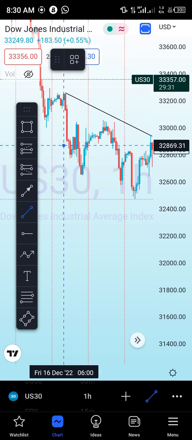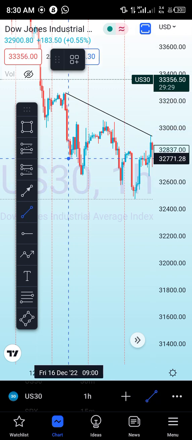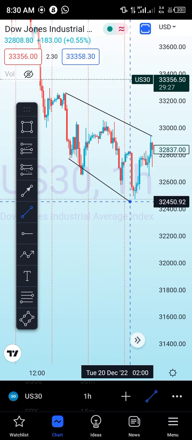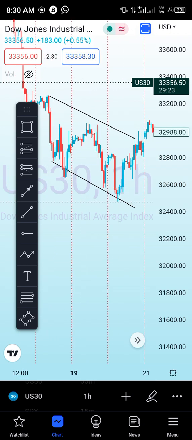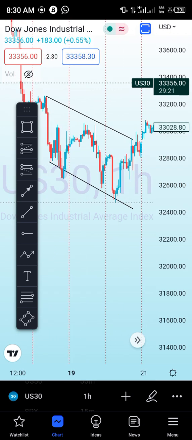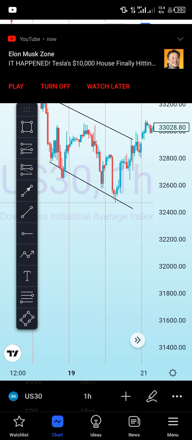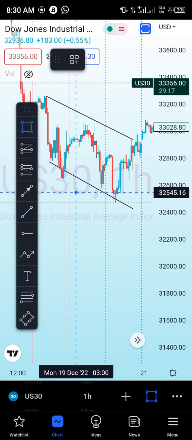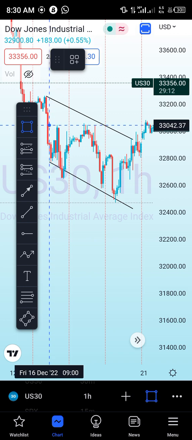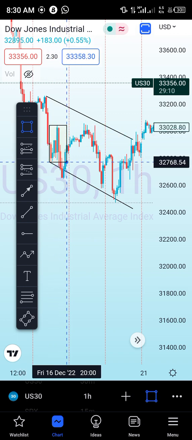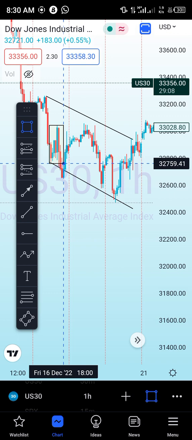That is what makes a market a downtrend. For it to trade in this kind of trend, there are pullbacks that occur in the market. An example of a pullback is this zone here. A pullback is just when the market tries to correct itself to the upside in a downtrend, or tries to correct itself to the downside in an uptrend.